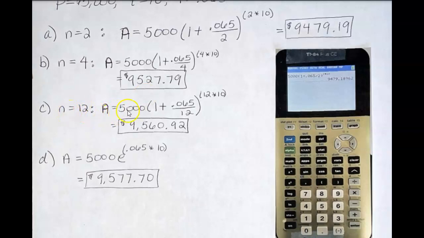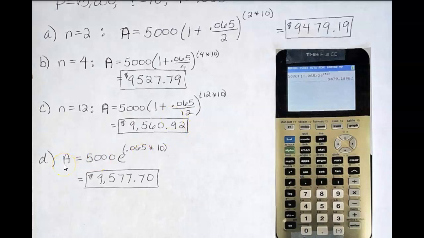When N is 12, again, all this stays the same except for the N, which is down here on the bottom, and up here in the exponent, that changes to being a 12. You get $9,560.92. Notice that the amount is going up slightly, right? Not a lot, but a little bit every time you increase the number of compoundings.